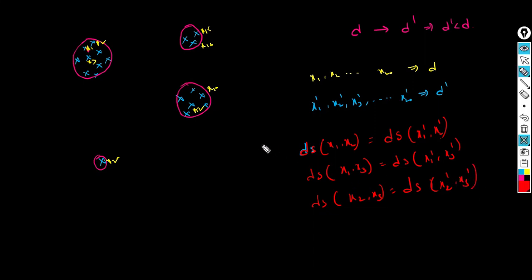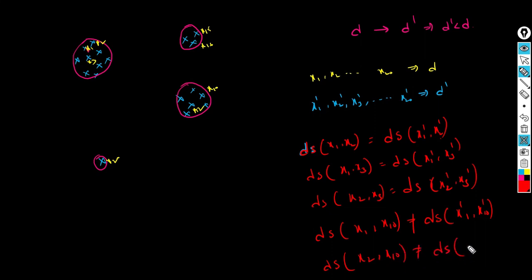And the distance between x1 and x10 is not the same as the distance between x1 dash and x10 dash. Similarly, the distance between x2 and x10 is not the same as the distance between x2 dash and x10 dash.